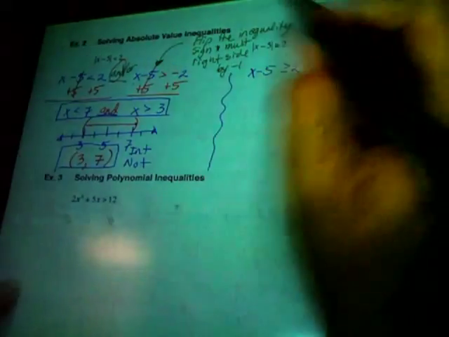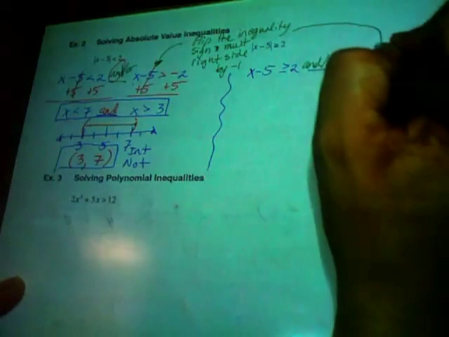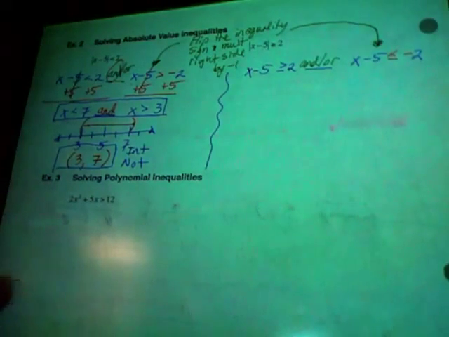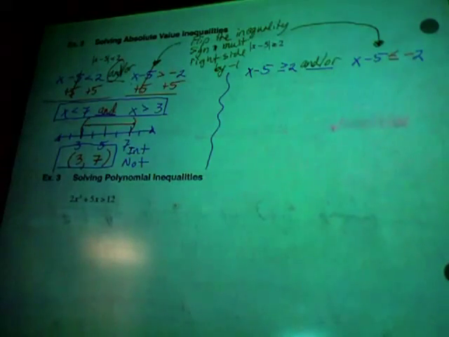You might want to add an arrow in your note over here that we also have to flip and change that sign. So those should be your two inequalities.